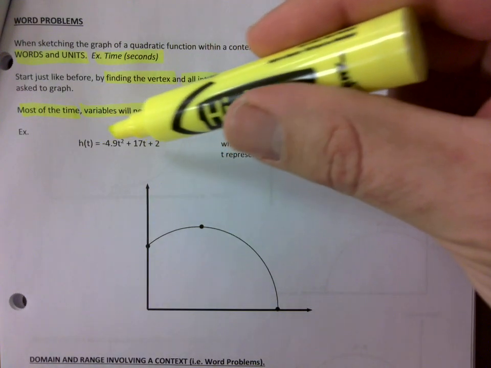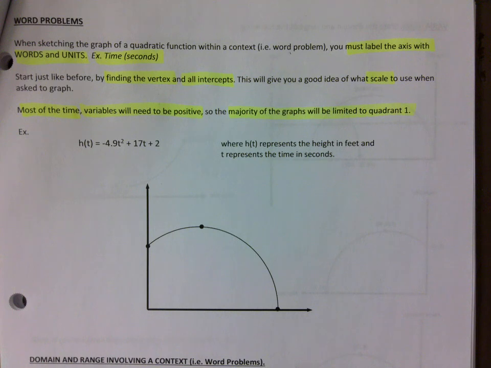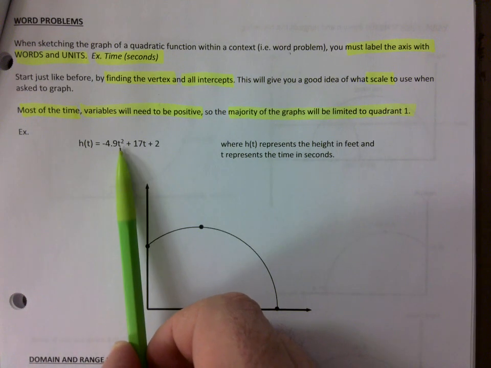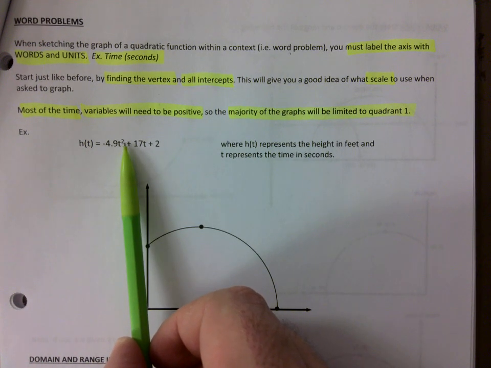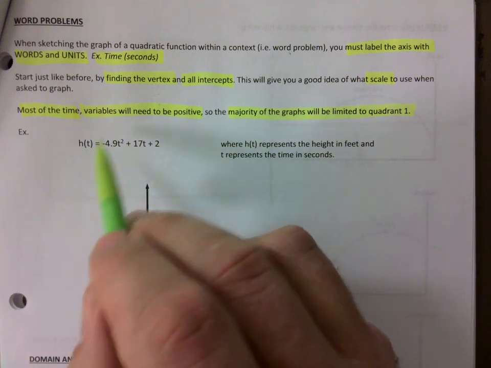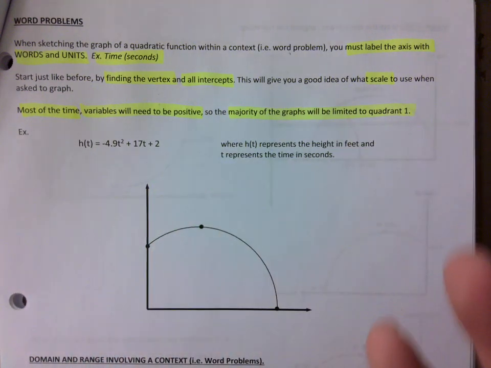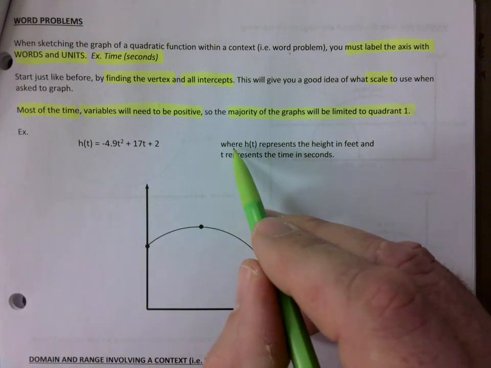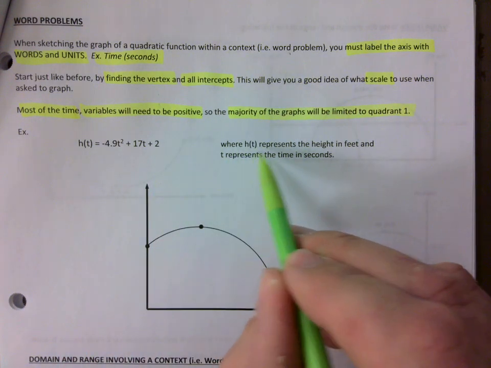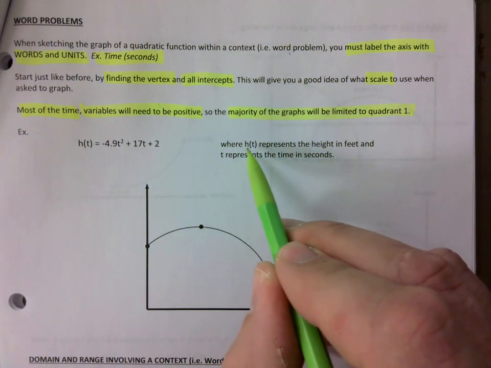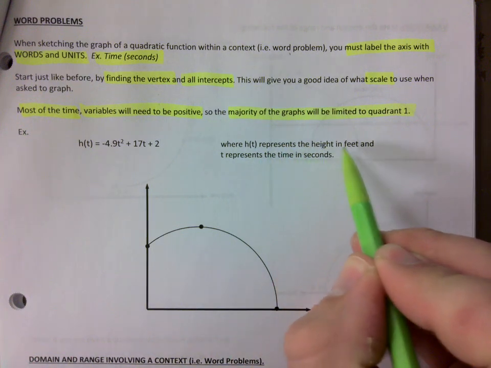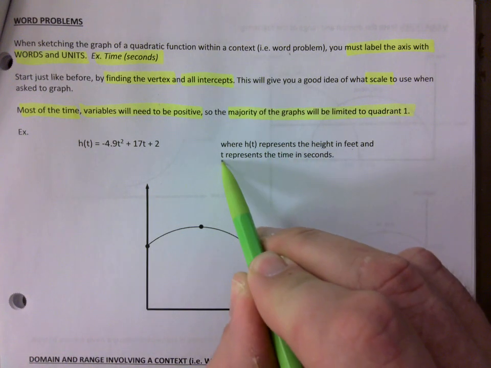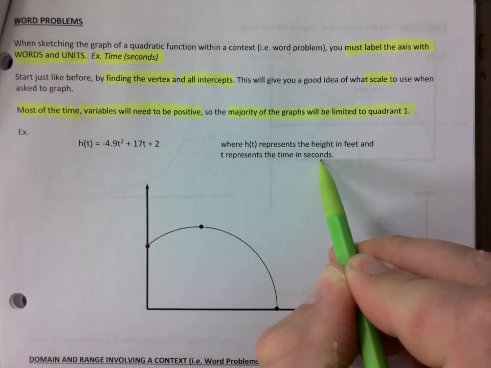And so here you have a quadratic. You should recognize that this is a quadratic because it's got the t to the power of 2, right? But you notice that the letters are different. It's no longer y and x, okay? And that's okay. So when you're given an equation, I always have to tell you what the letters represent. So h of t represents the height in feet, and t represents the time in seconds, okay?